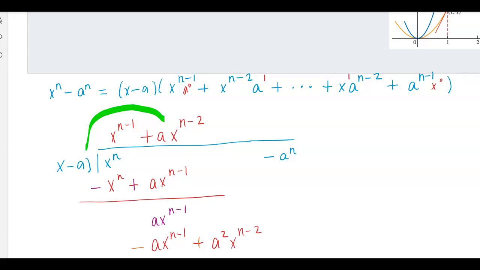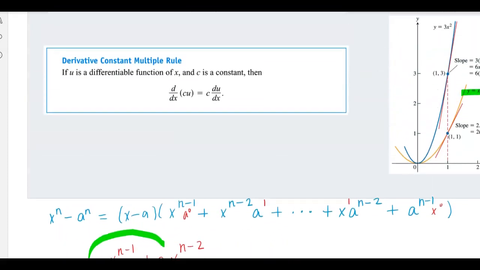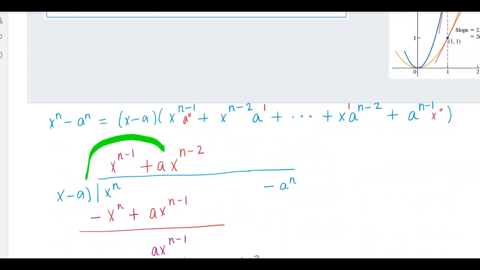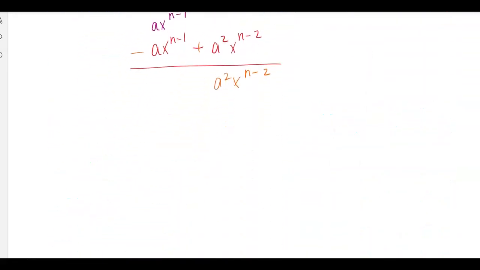So again, we're going to use this fact when we're doing the proof of this. This is background information. Again, what we're trying to prove right now is the power rule that will allow us to much more easily take the derivative of polynomials. So now we're going to move on to the proof part.